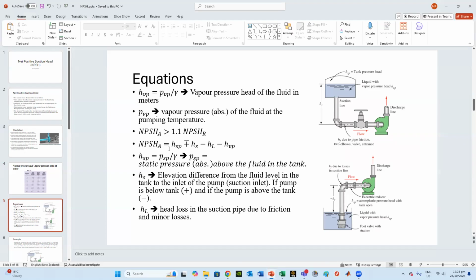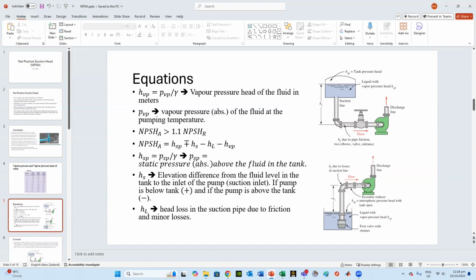To calculate the available, you have HSP, which represents the static pressure, absolute, above the fluid in the tank, and then you get the pressure head of the tank. HS is from the center line of the inlet to the pump to the surface of the fluid, and that could be plus or minus.